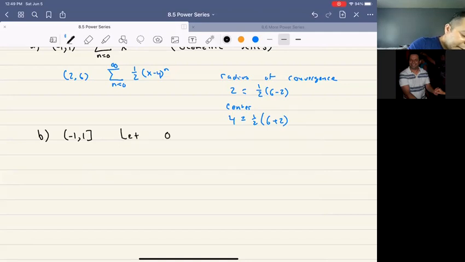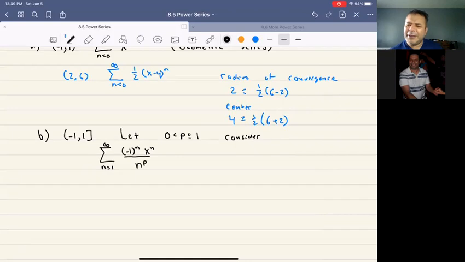Let p be between 0 and 1, and we're going to consider the sum, n goes from 1 to infinity, (-1)^n x^n over n^p.